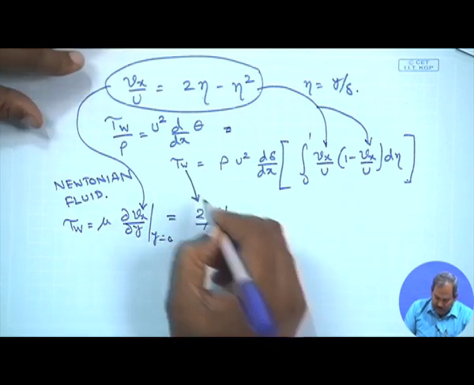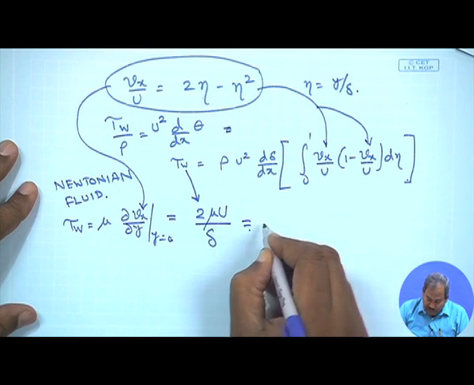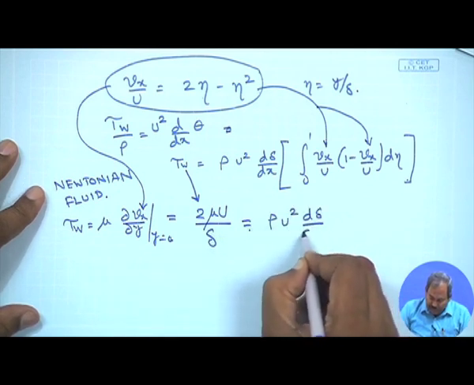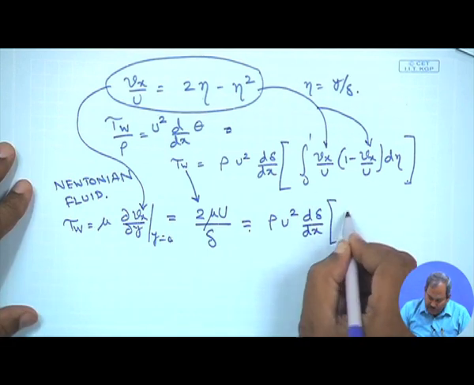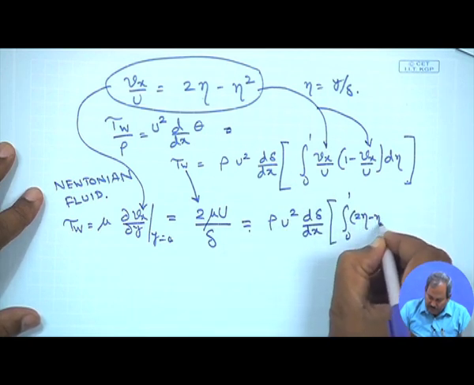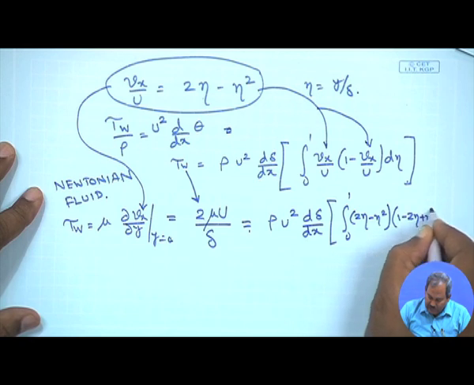So, your tau w now becomes equal to 2 mu u by delta. What you have is rho u square over here d delta dx, and when you perform the integration from 0 to 1, this becomes 2 eta minus eta square, and this becomes 1 minus 2 eta plus eta square, times d eta.